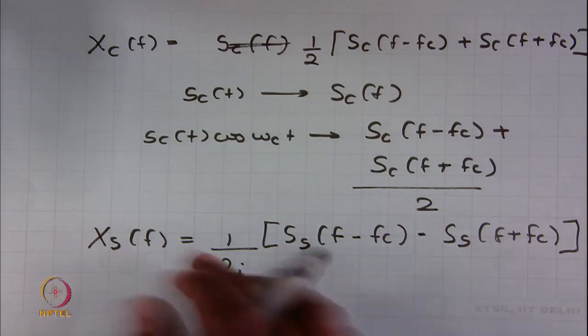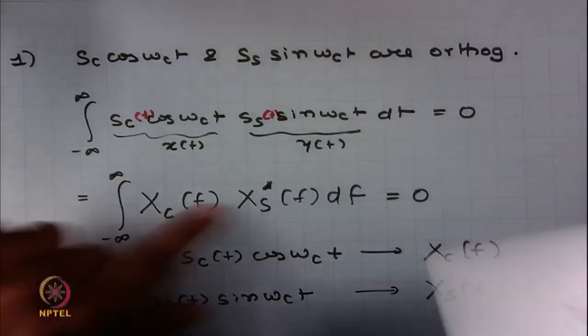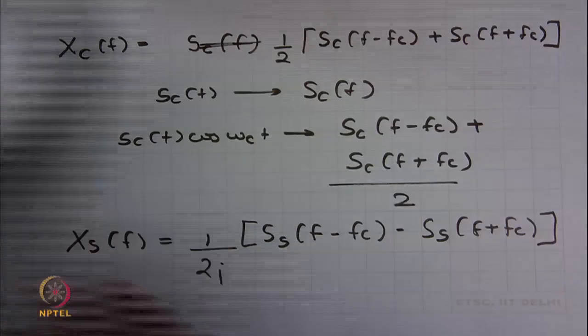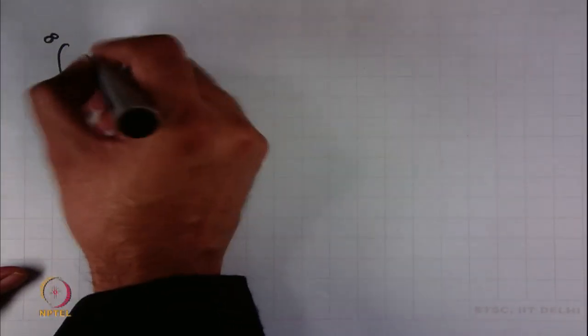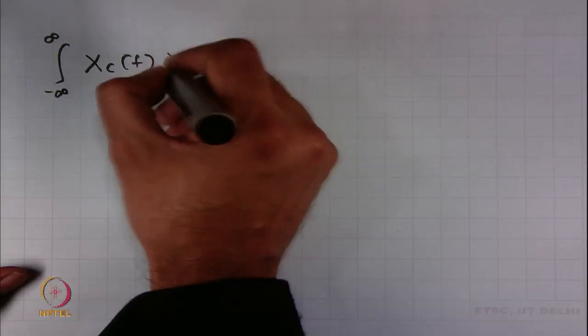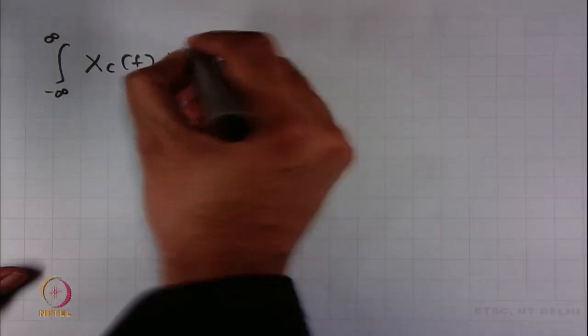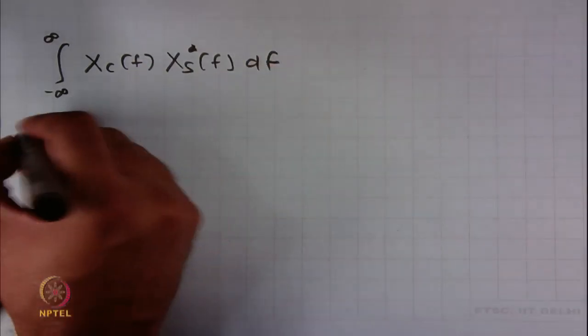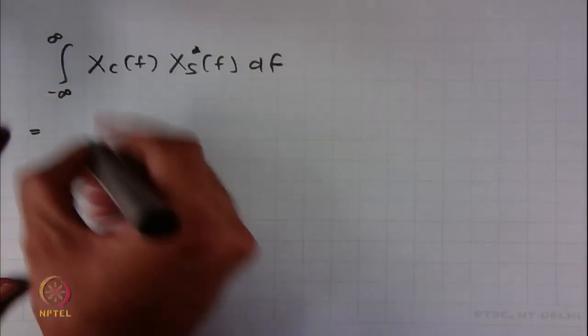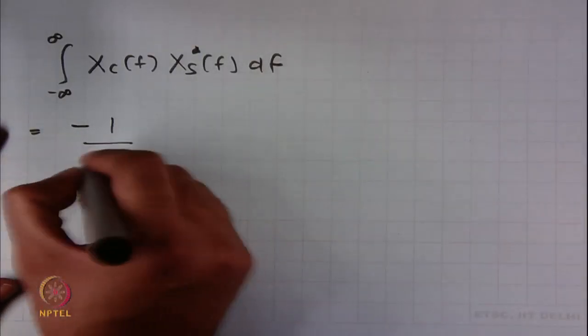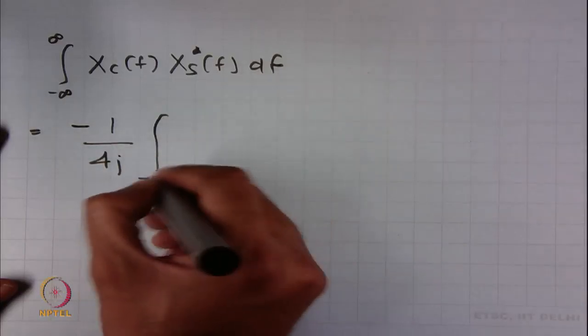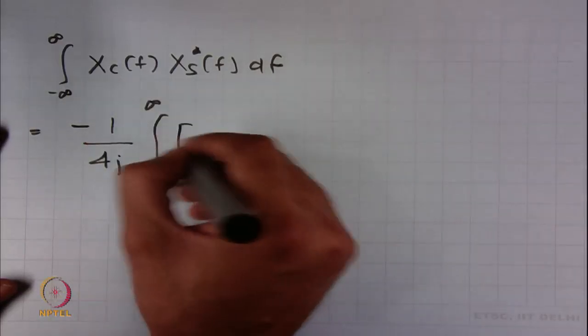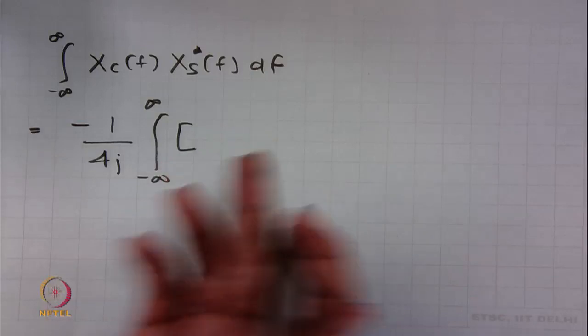Now, let us try to take this with the conjugation. What you would end up with is that the integral of XC(f) into XS conjugate(f) df would be nothing but minus 1 by 4j. I am not explaining the constants because they are not so important, since we have to prove anyway it is 0.